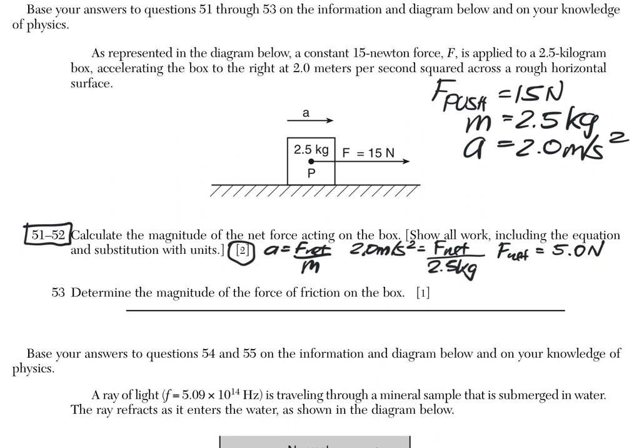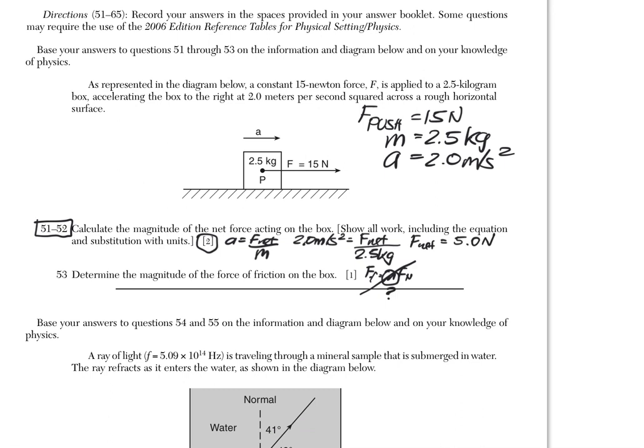Then 53 wants to know what is the force of friction on the box. So the first thing that I'm going to try is Ff equals mu Fn, but I do not know mu, so I'm not going to use that equation. My backup equation for friction is that net is push minus friction, right?